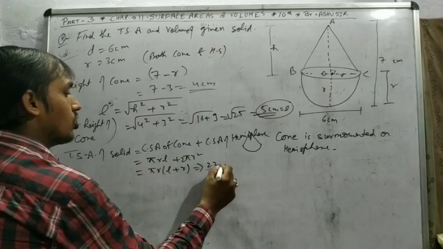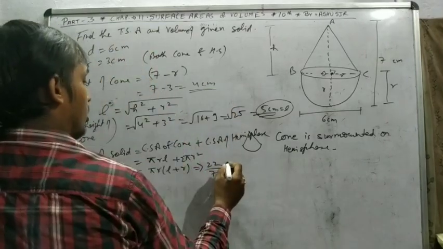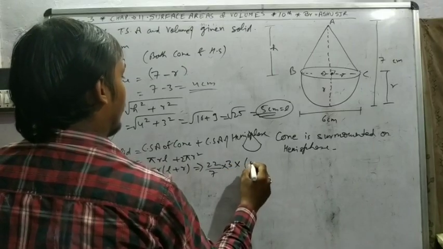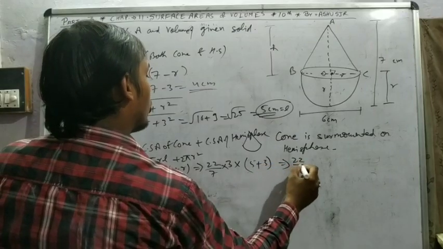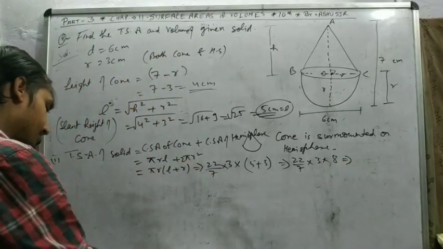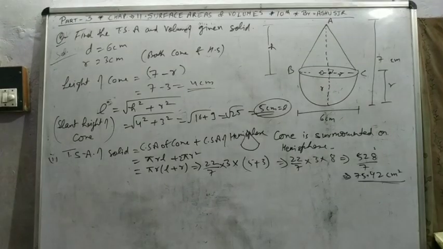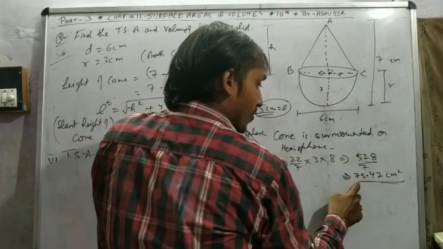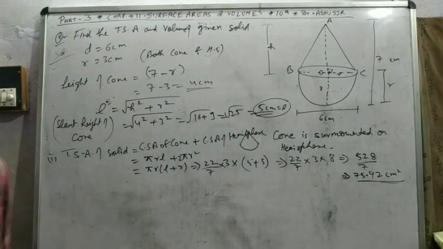Put the values: 22 by 7, r is 3 and l is 5, r is 3. So 22 by 7 into 3 into 8. Multiply them. 528 by 7, 75.42 centimeter square is the total surface area of the solid.